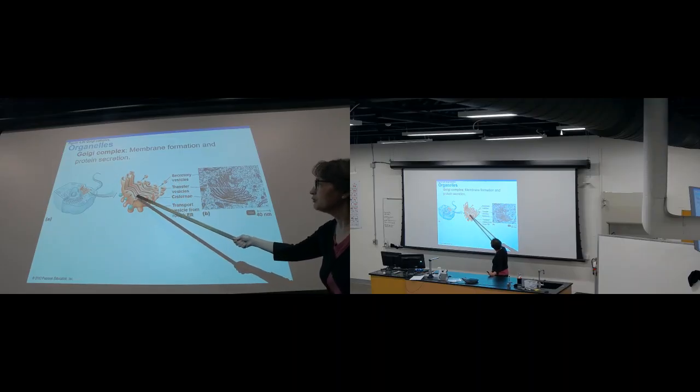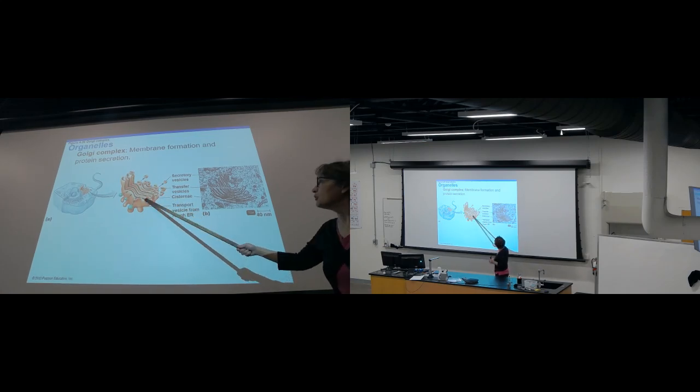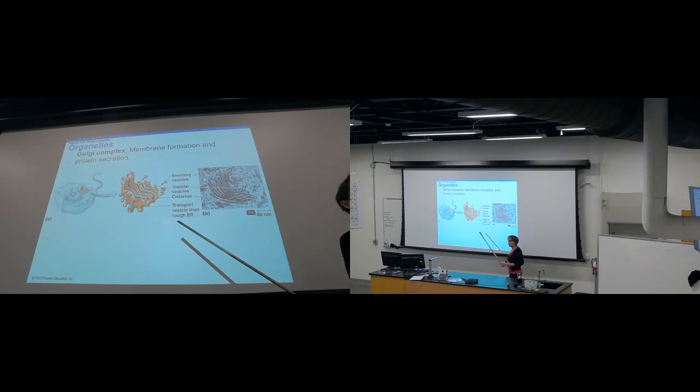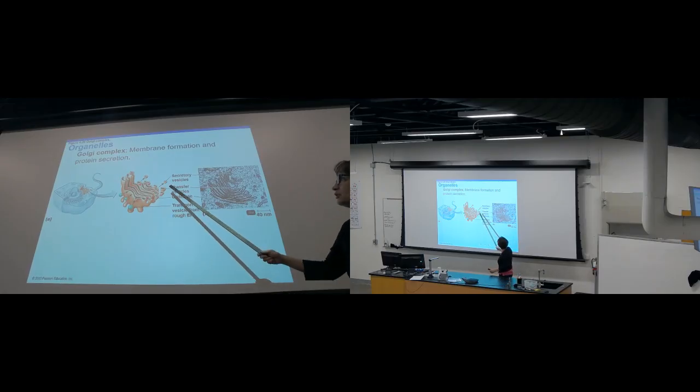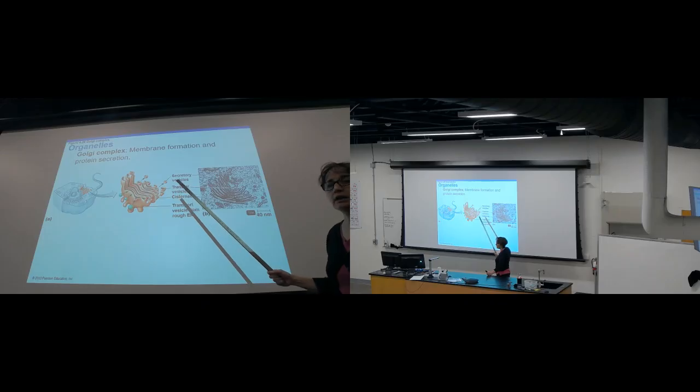As they move from cisterna to cisterna, you will have modification of the contents. In this case, it's going to be proteins. And then these proteins will be either released outside of the cells or stay within the cells.